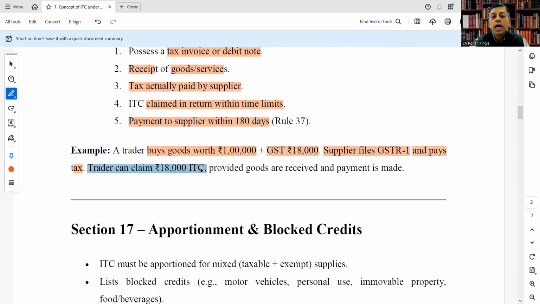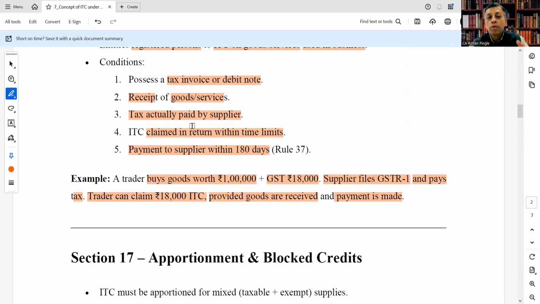The trader can claim rupees 18,000 ITC provided goods are received and payment is made. Means all these conditions need to be fulfilled, not only one of them. You must possess a tax invoice, you must receive the goods or services, the tax must actually be paid by the supplier, ITC must be claimed in return within the time limits, and payment to supplier should also be made within 180 days.